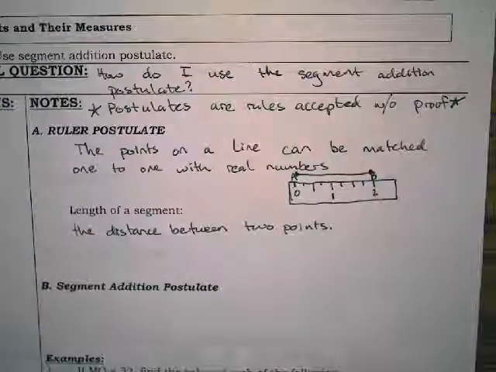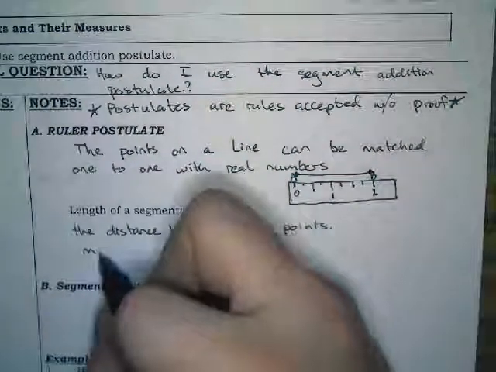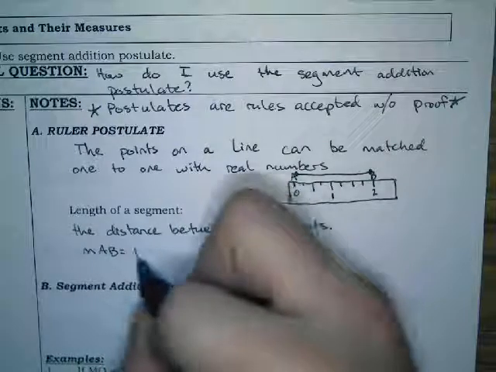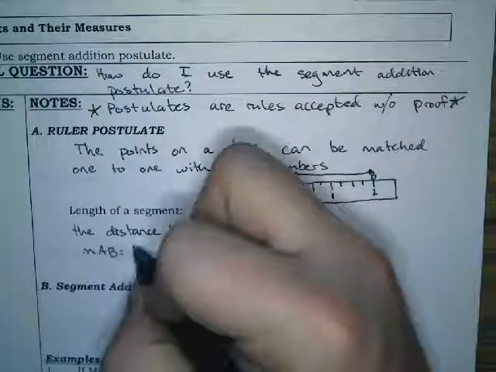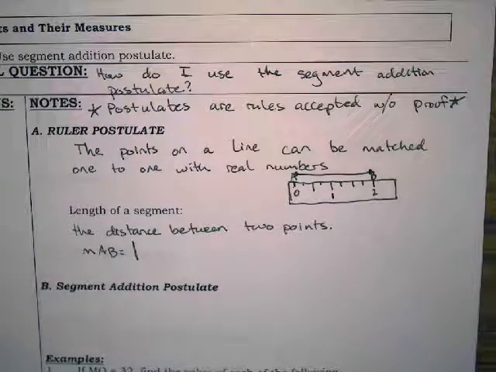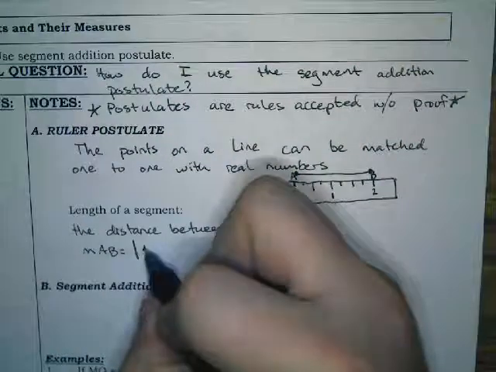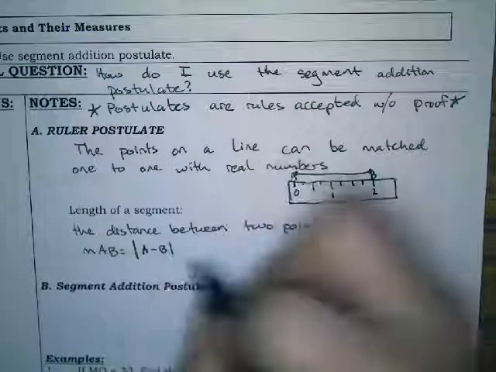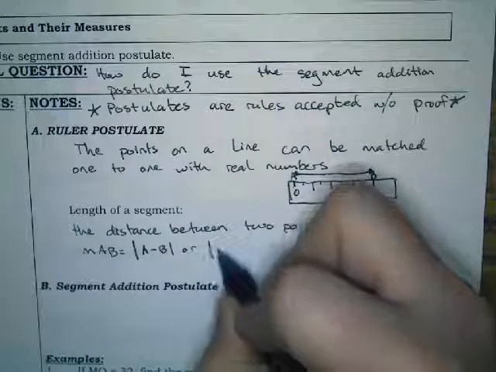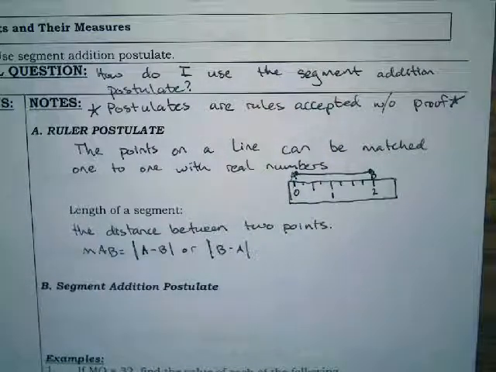And we can find that by saying that the measure of AB is equal to the absolute value of A minus B, or the absolute value of B minus A. It doesn't matter the order that we subtract them in, because we're going to take the absolute value, and distance will always be some positive number.